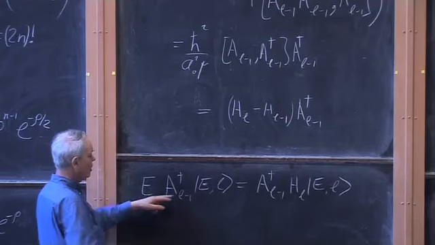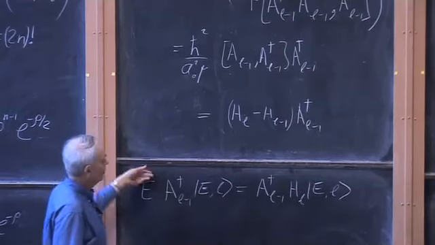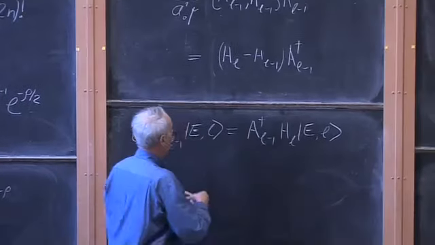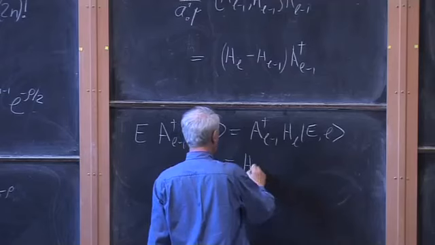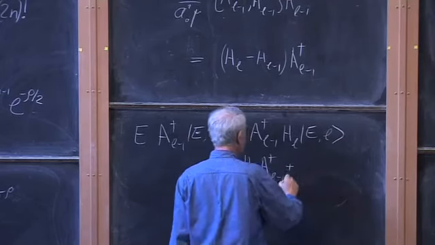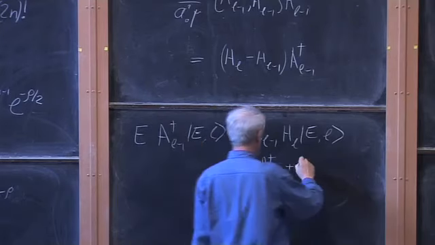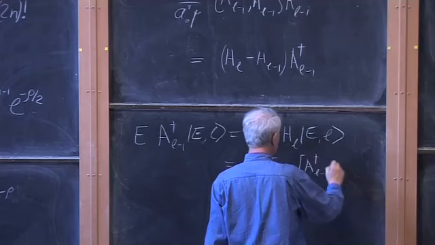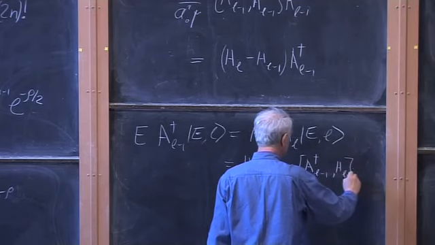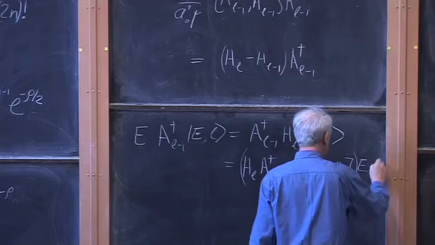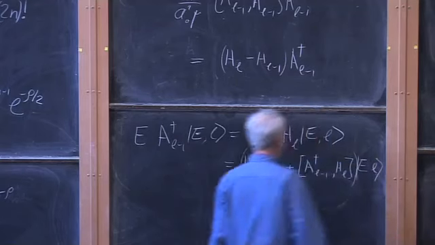Multiply both sides of the equation by this, and we have what we've got on the board. Now we're going to swap these two over. So we write this as H_L A_{L-1} dagger plus, since we're not allowed to write that down, we put in what should sort it out, which is the commutator of A_{L-1} dagger, comma, H_L, close brackets, E_L.